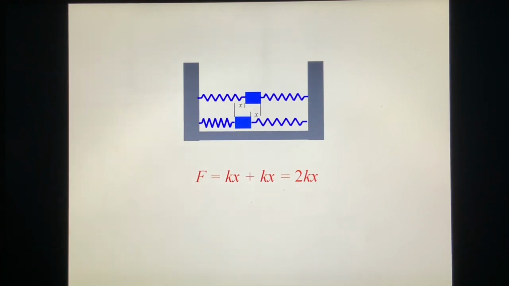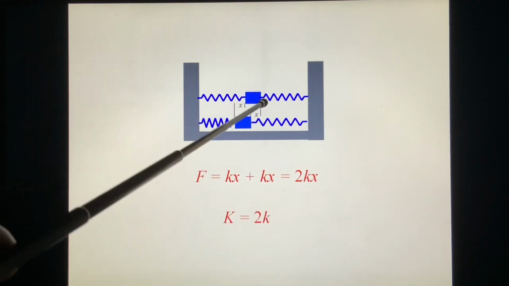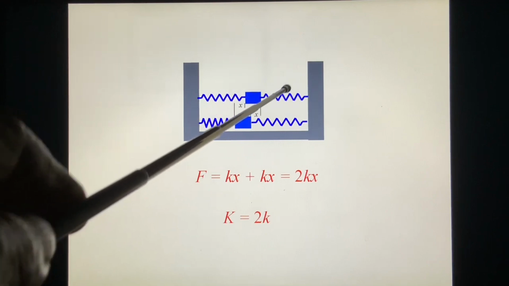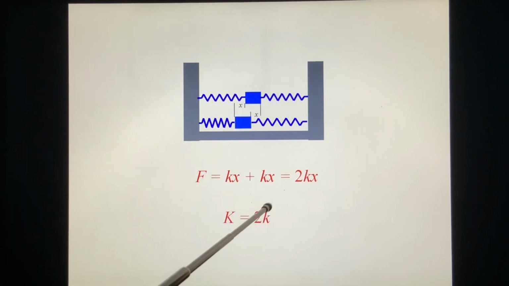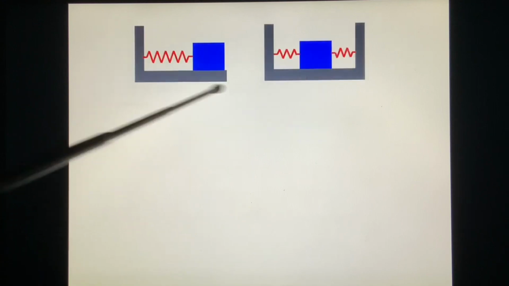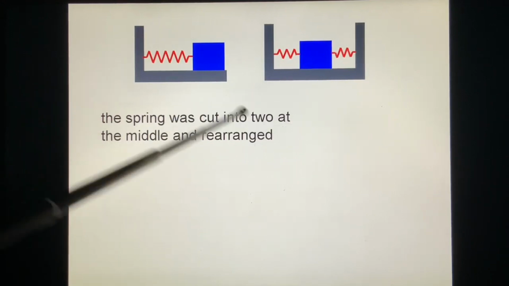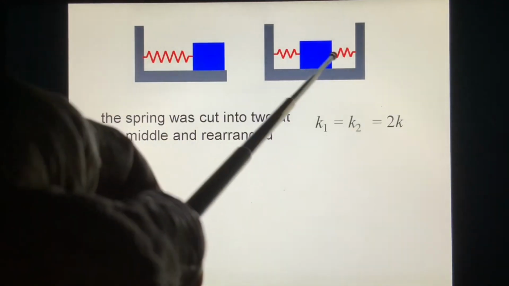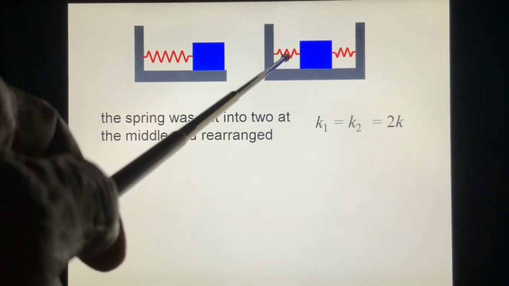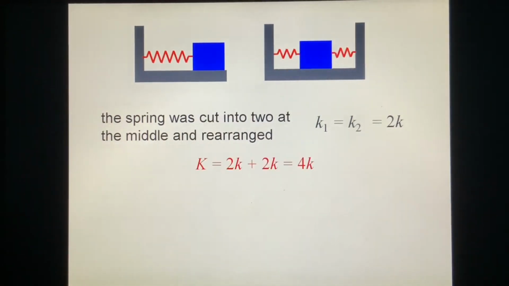From the above sample, we know after they cut, the individual K is equal to 2k. It's increased. So in this case, you get a 2k.